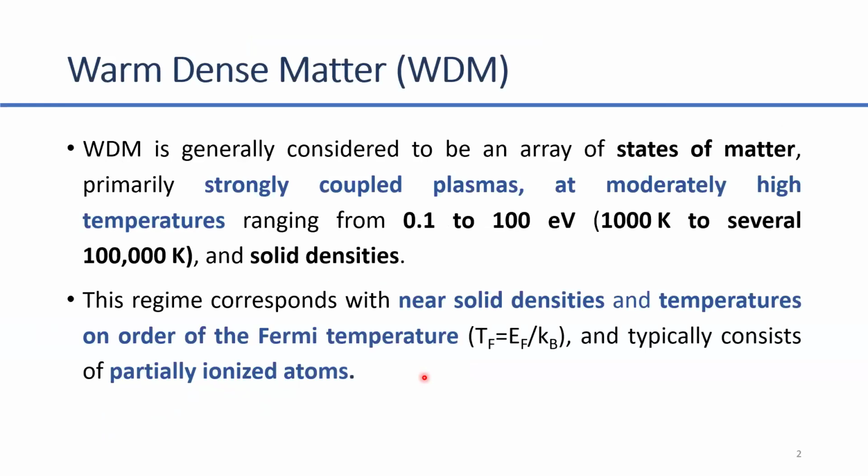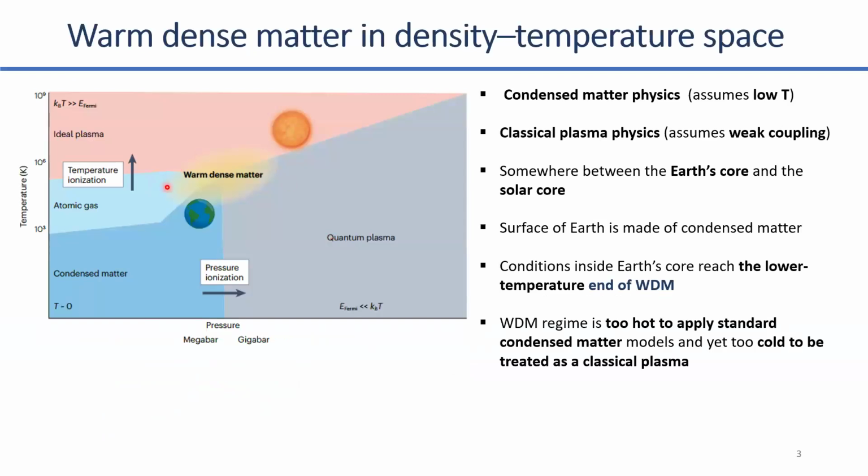To get a better idea, it is an intermediate state between the condensed matter and the ideal plasma, where the condensed matter usually assumes a very low temperature, while in classical plasma physics there is a weak coupling, but in warm dense matter there is a high correlation between the ions, so we cannot consider it as an ideal plasma. So probing this kind of dense matter is very difficult at laboratory scale, but it is becoming possible nowadays.